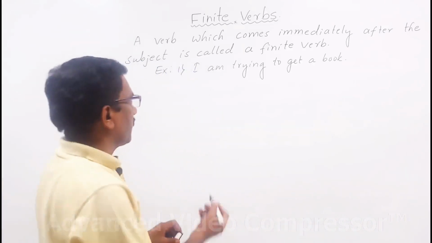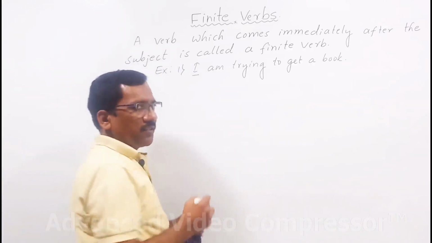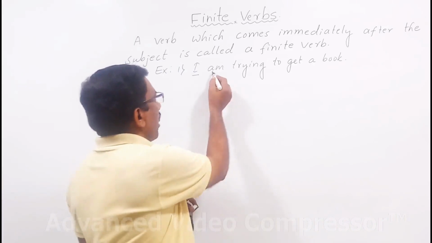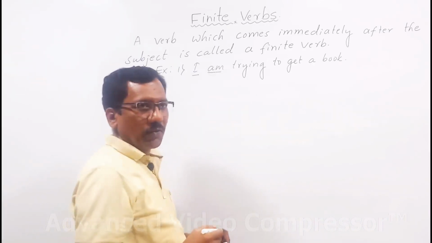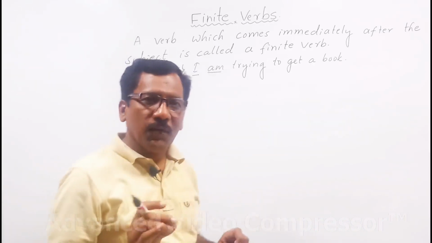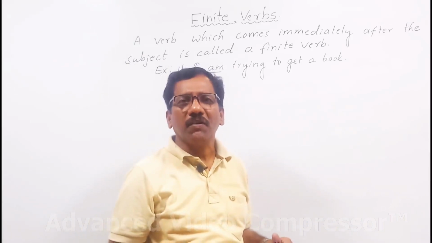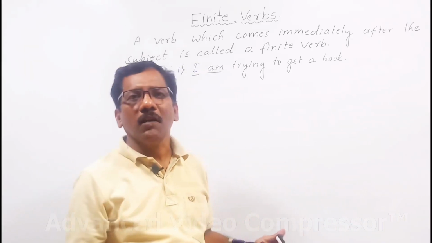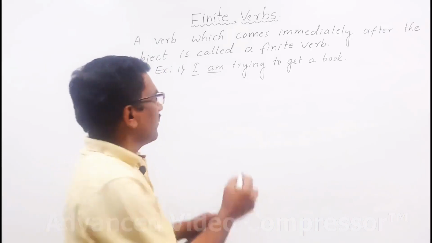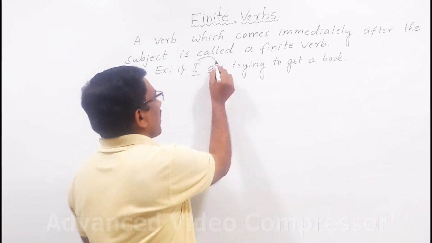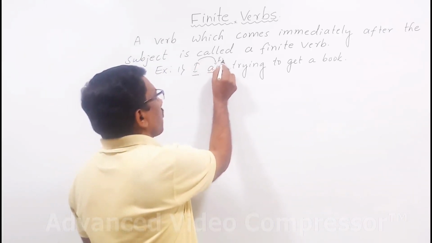Here in this sentence, the word I is the subject. Am is a helping verb. You know that a verb which comes immediately after the subject is known as a finite verb. Got it? So, I am. Here am is the finite verb.